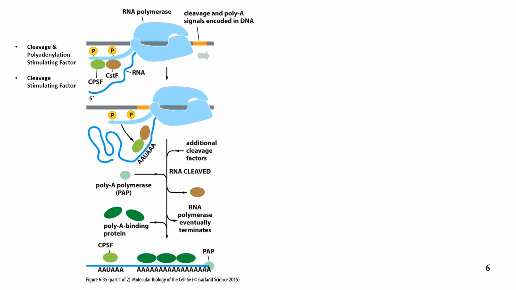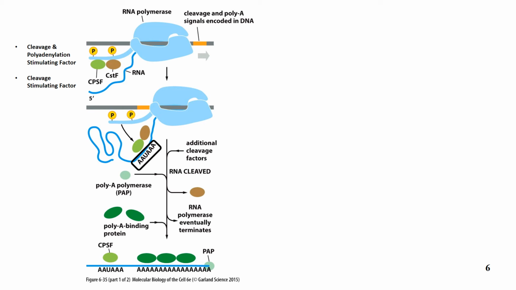As soon as the AAUAAA has been transcribed, the RNA polymerase keeps going, but these two enzymes are transferred from the tail of the RNA polymerase to the mRNA. As I said, 10 to 30 nucleotides after that AAUAAA sequence.